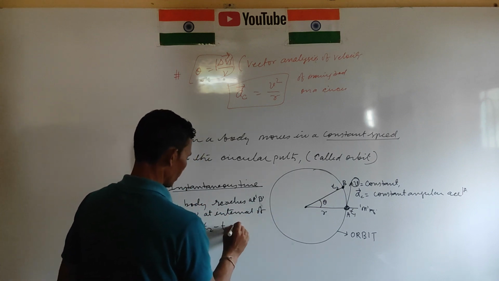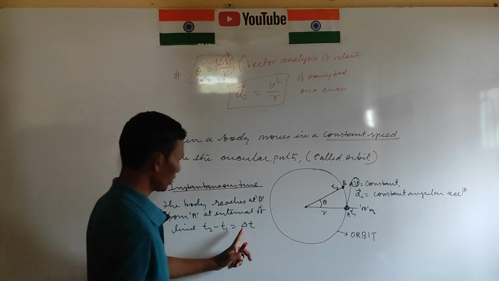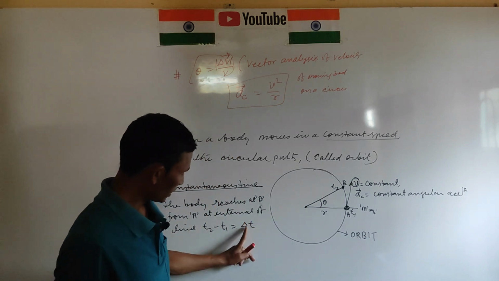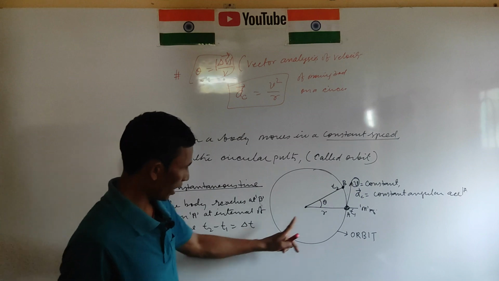Delta t2 minus delta t1, that is called delta t. This is called the interval of time, when the body moves from A to B.